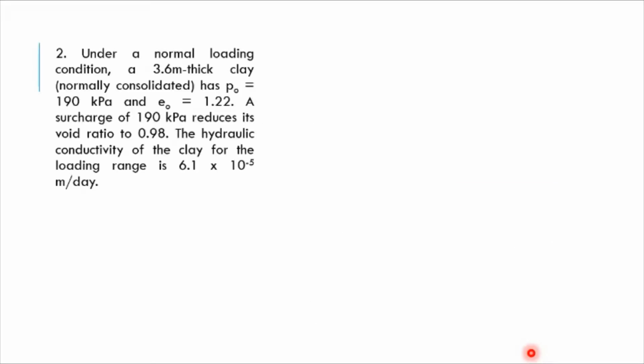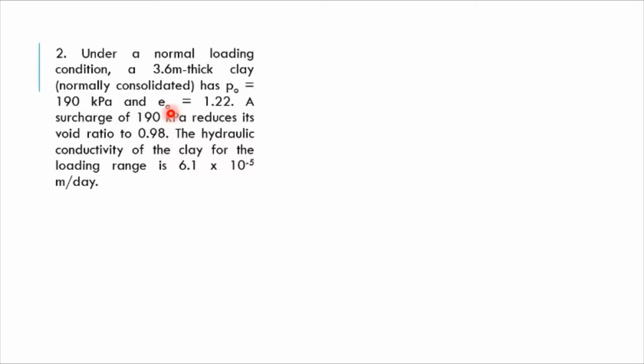Next problem. Under a normal loading condition, a 3.6 meter thick clay, normally consolidated, has Po equal to 190 kPa and eo equal to 1.22. So the initial pressure given is 190 kPa, and at 190 kPa the void ratio of the soil is 1.22.